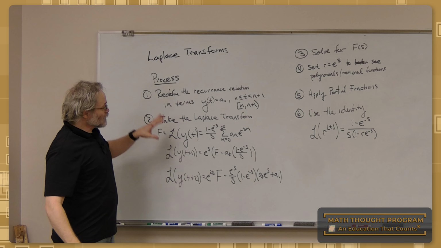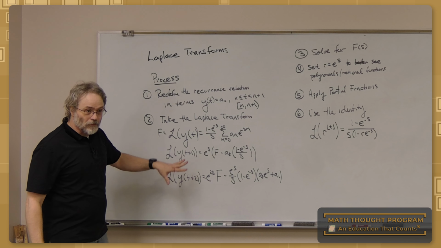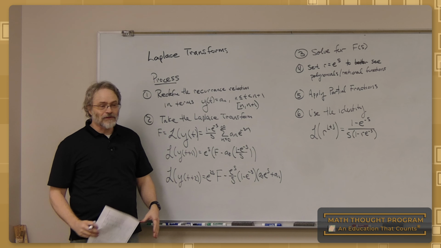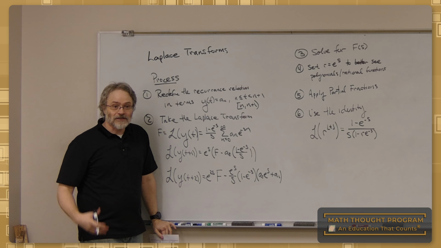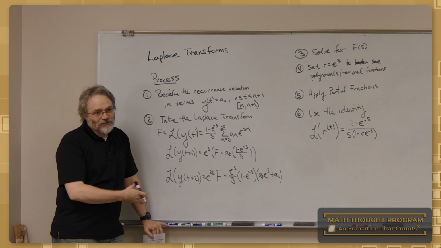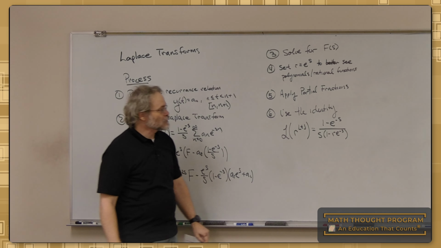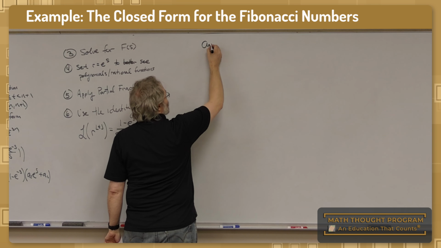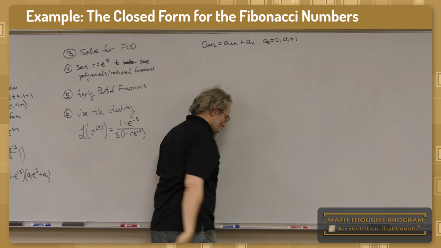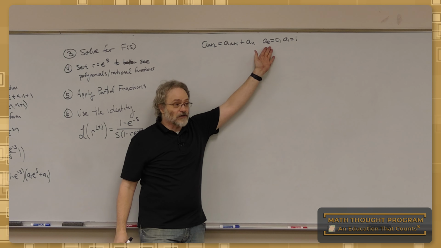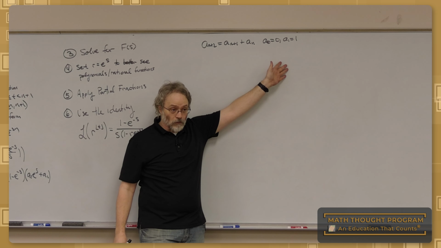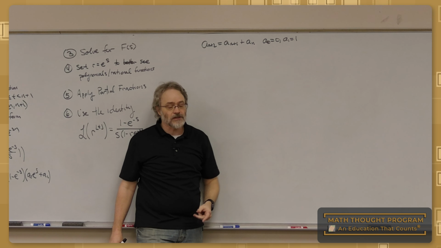Okay, so what we have here is really just the setup. We've got the tools now. We have the impact driver and the wrench. We can really put some power to these problems, using Laplace transformations in a very, very interesting way. So let's go back to the Fibonacci numbers. The way I'm going to calibrate these is I'm going to say a0 starts off at 0, and then a1 starts off at 1, and then it takes off afterwards.